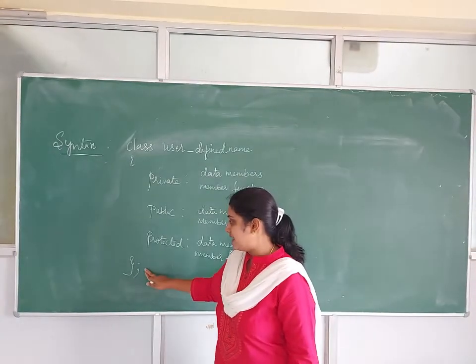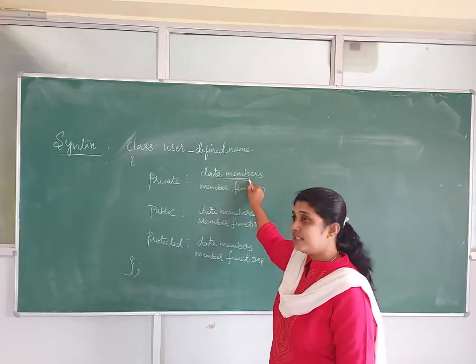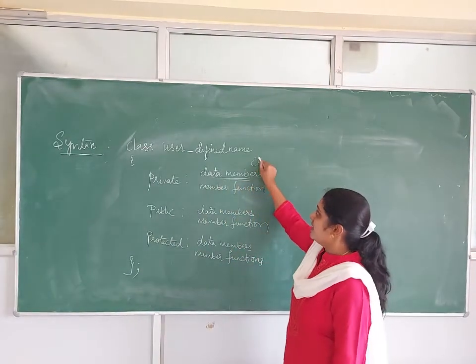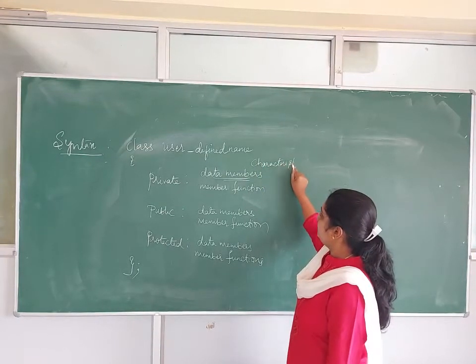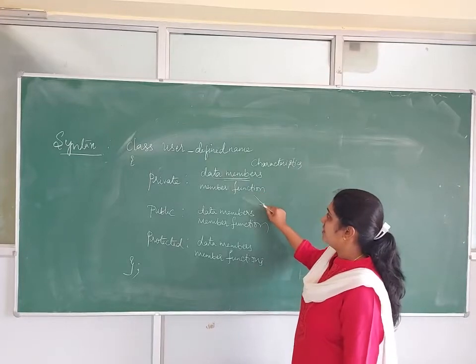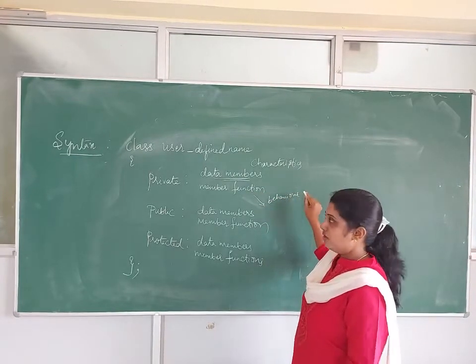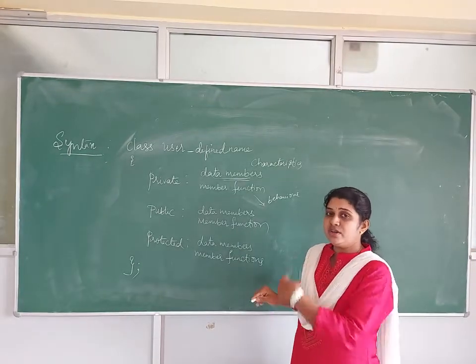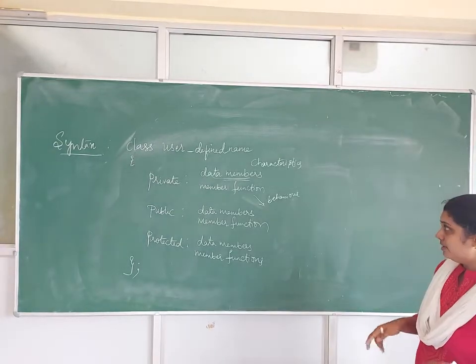And a class always ends with a semicolon. Data members are also called characteristics, and member functions are also called behavior.